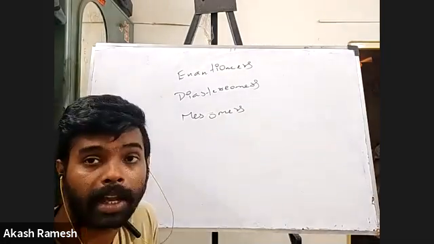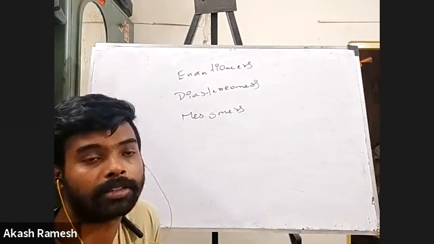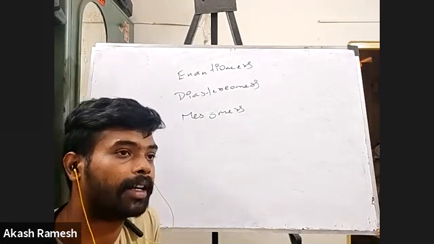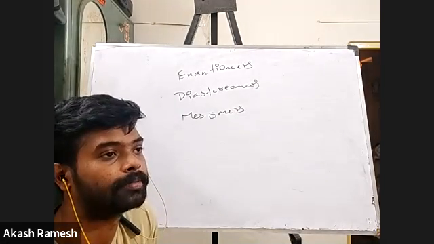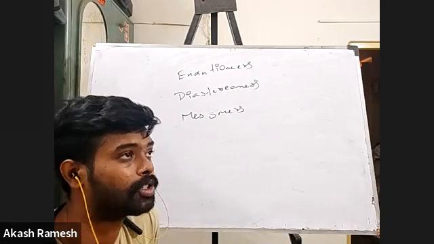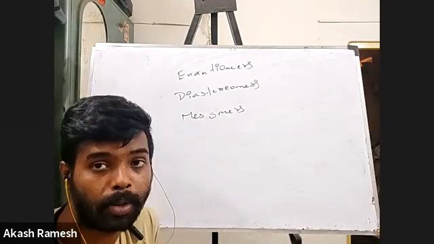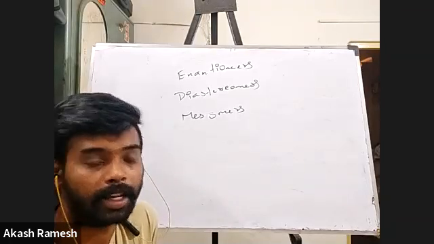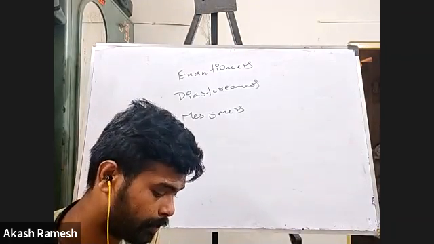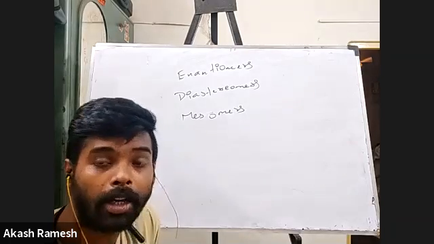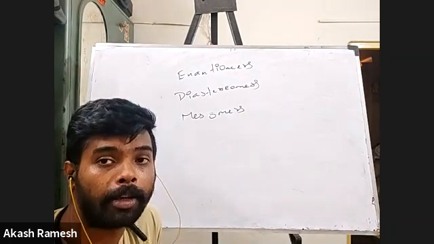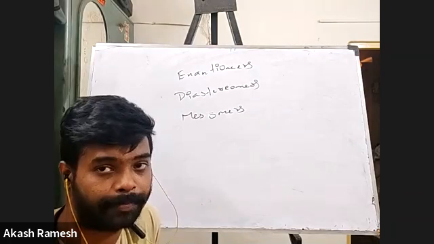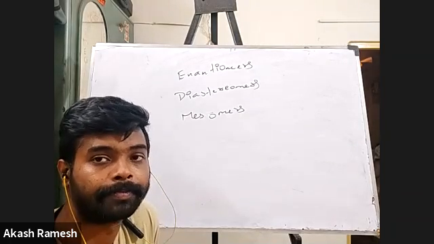Mesomers are stereoisomers which are superimposable mirror images of each other. Exactly opposite of enantiomers. They are superimposable mirror images of each other.